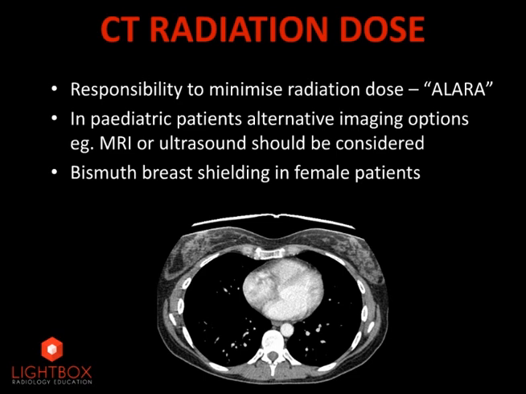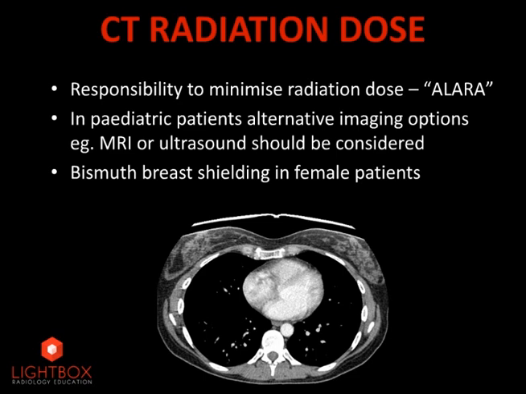CT has one of the highest radiation doses of all radiological modalities. The ALARA principle, as low as reasonably acceptable, is adopted by all imaging departments with regards to radiation dose. In pediatric patients, alternative imaging options which do not utilize any ionizing radiation, such as ultrasound and MRI, should be considered.